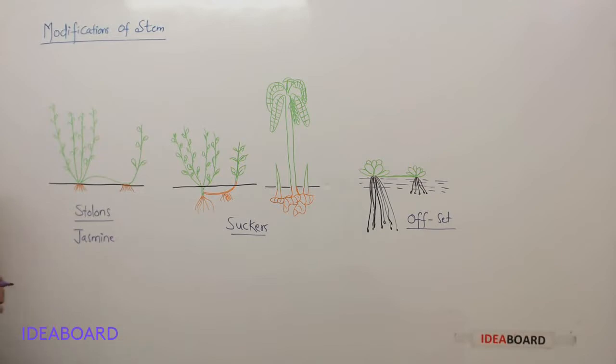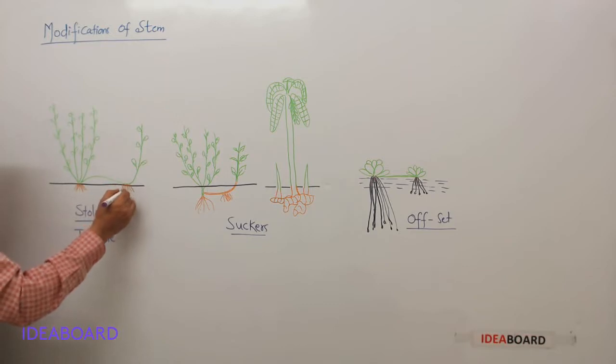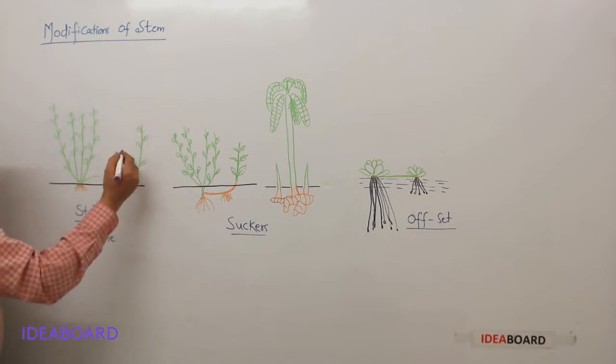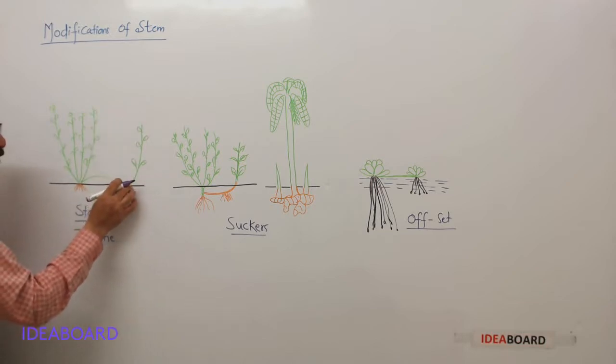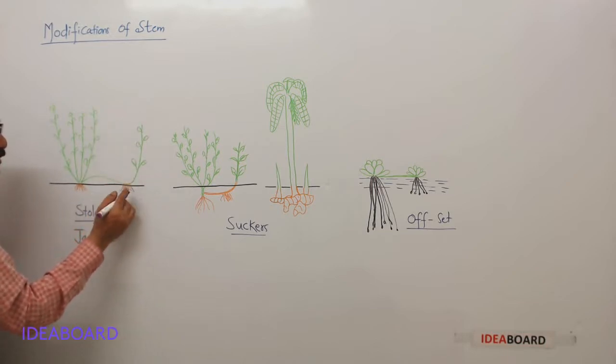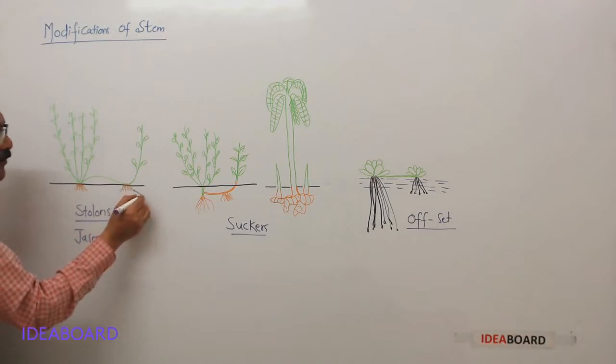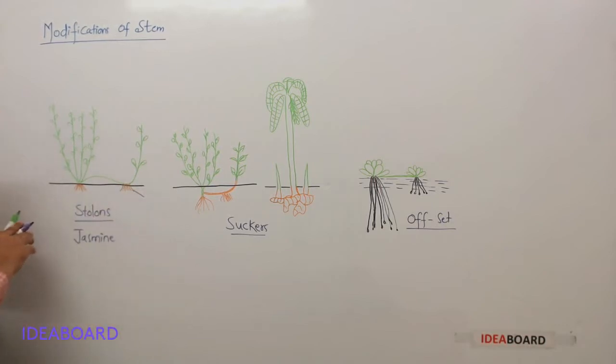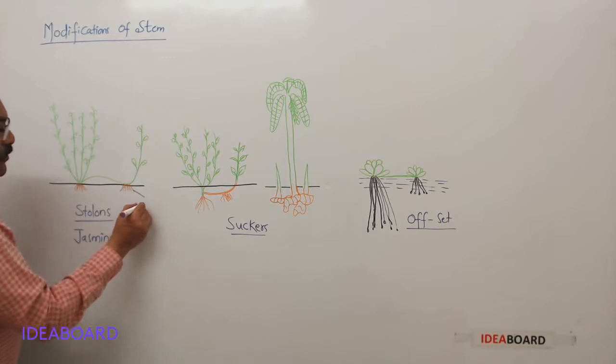Let us take this jasmine plant, and you see here it produces branches right from the base, and some weak stems will bend downwards, means they arch down, and on touching the ground, they again become straight, and the portion which is in contact with the ground, there roots will develop, that is adventitious roots.